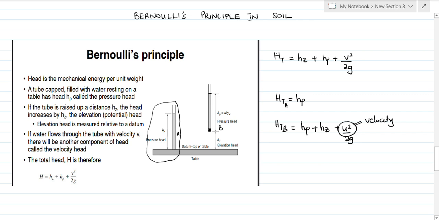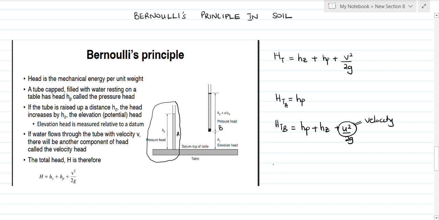Now, a tube capped and filled with water resting on a table has a pressure head, hp. I've explained what the pressure head is. If the tube is raised up a distance hz, the head increases by hz, the elevation head or potential head. Elevation head is measured relative to a datum, so you need to know a datum. Now, if water flows through the tube with a velocity v, there will be another component of the head.